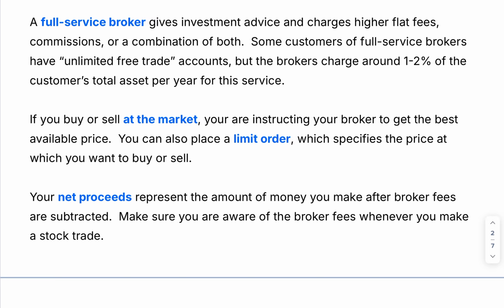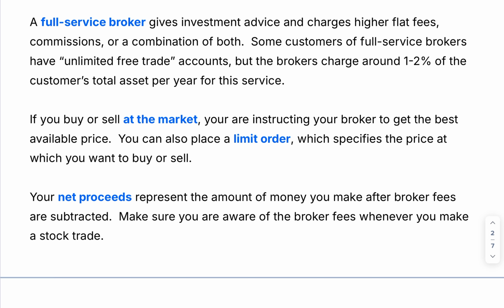And at that point, your stockbroker will not make any more sales transactions. Now, your net proceeds represents the amount of money you make after broker fees are subtracted. So in this case, you want to make sure that you are aware of the broker fees whenever you make a stock trade.